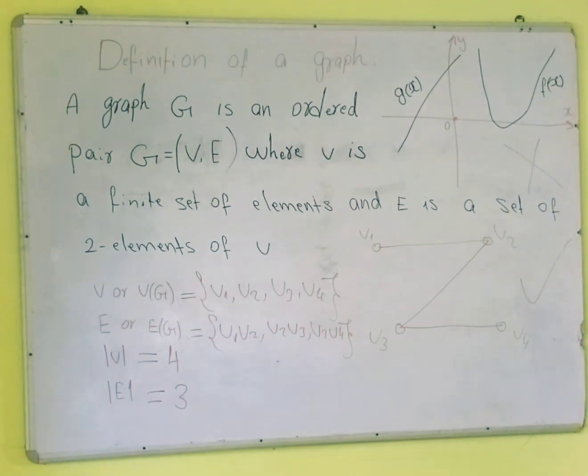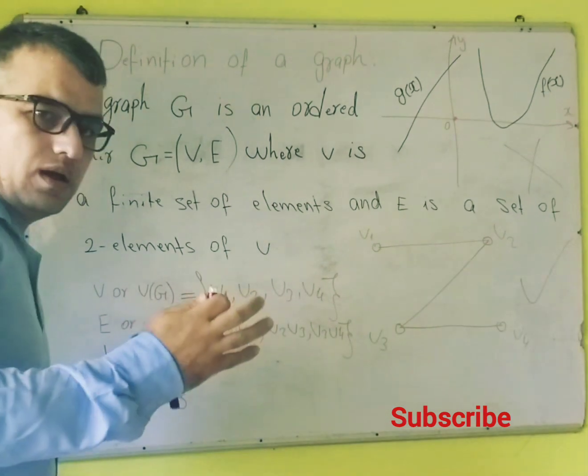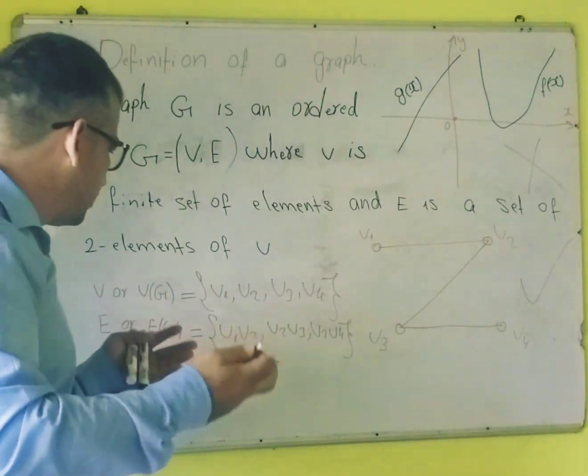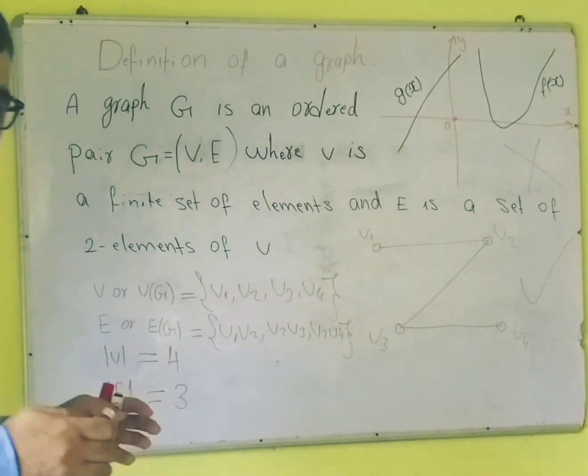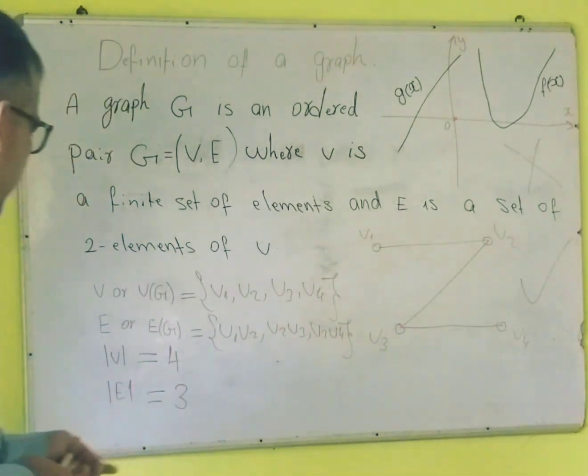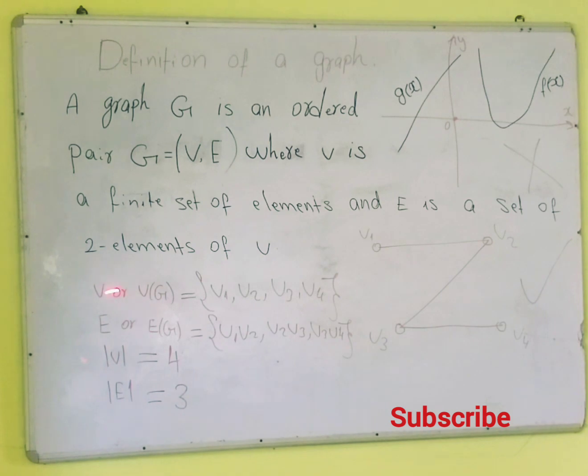Also, the number of vertices and edges of a graph in the field of graph theory we denote by cardinality V and cardinality E, showing the number of vertices and the number of edges of a graph.